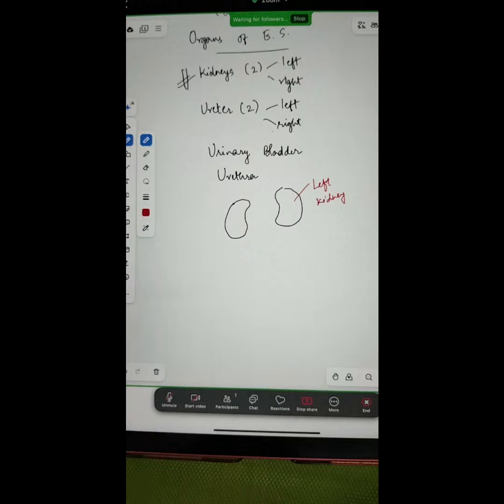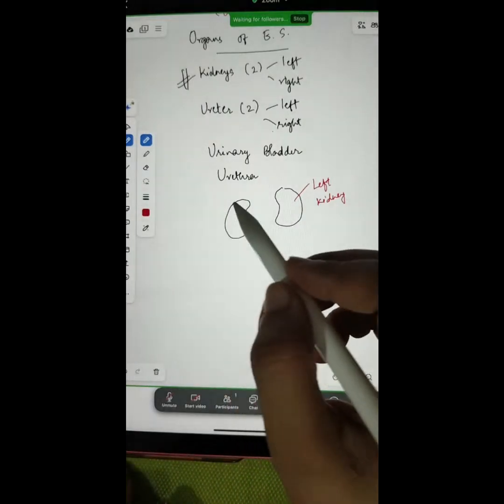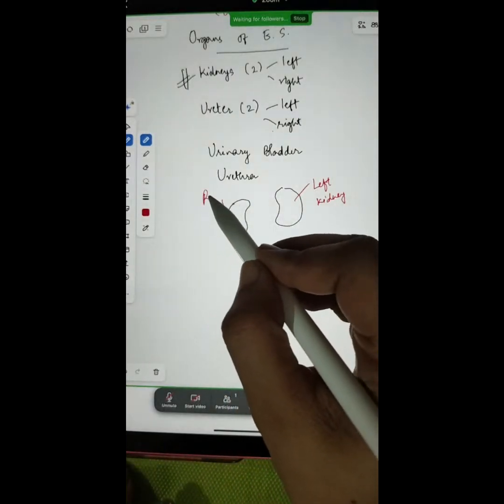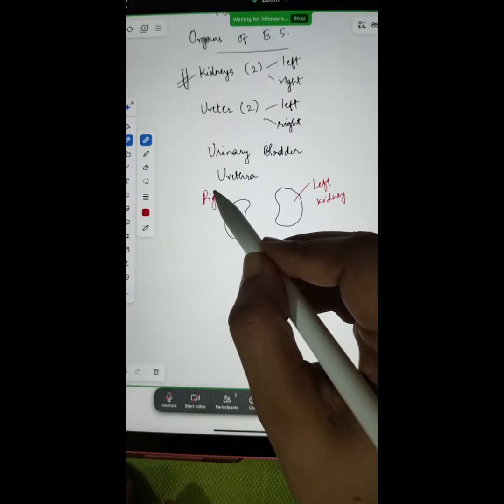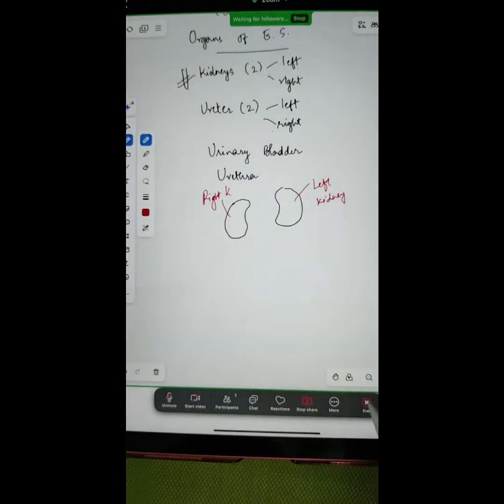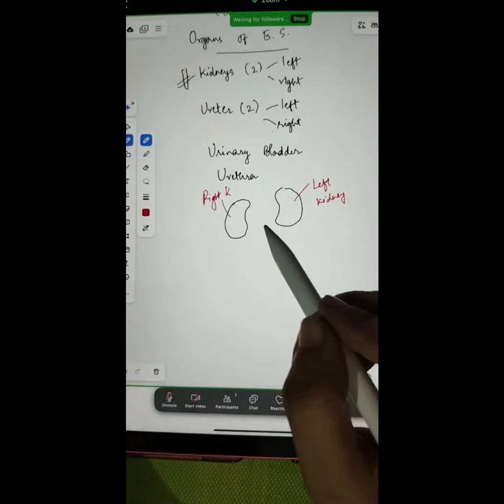Whenever we draw the organs, wherever we are drawing on the right hand side, the left structure has to be drawn, because if you pick up this diagram and relate it to your body, it is going to be your left kidney. And this is going to be your right kidney. So two kidneys are there on the dorsal side where your vertebral column is, and they are located close to the backbone.